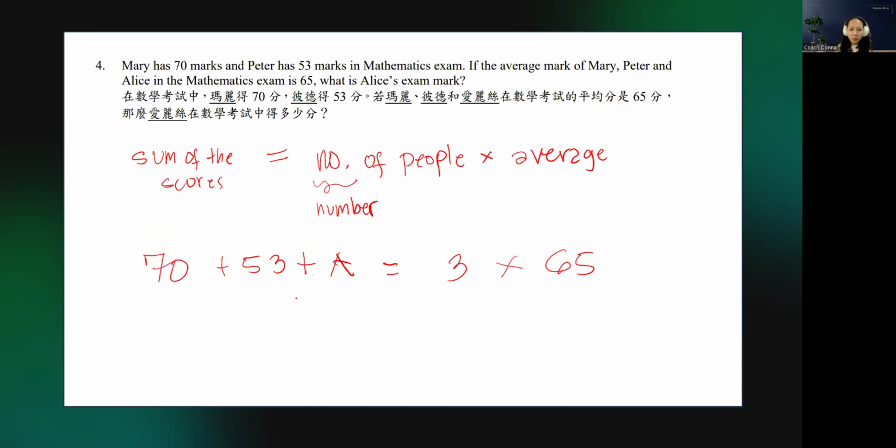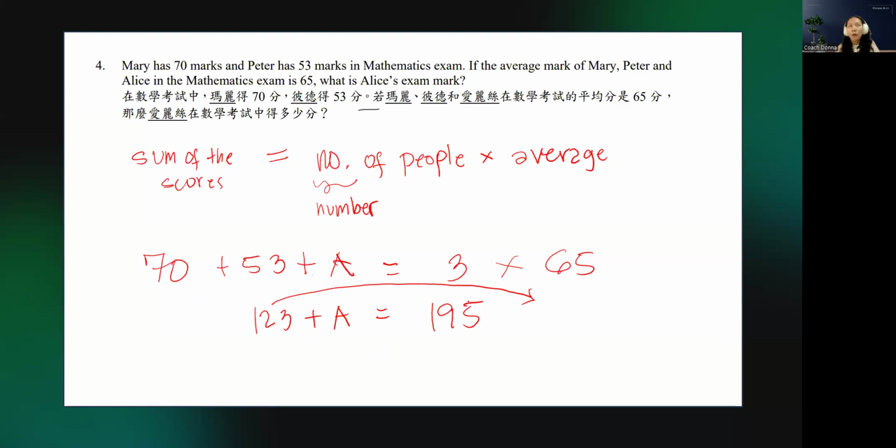Then you'd end up with 70 plus 53. We can add those two, and you'll get 123 plus Alice's mark is equal to 3 times 65, and that's 195.